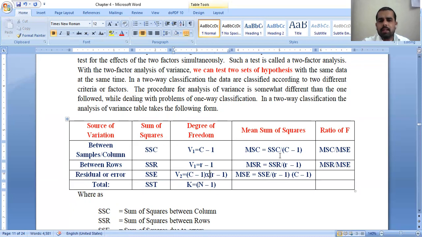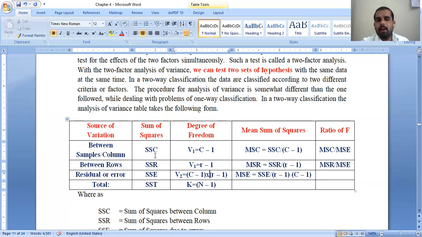The same procedure we applied in one-way classification, we are going to follow here also, that is, the numerator is divided by the denominator. Then MSR is equal to SSR divided by R minus 1. The SSC, SSR and SSE values are the numerators, and C minus 1, R minus 1, and C minus 1 into R minus 1 are the denominators.